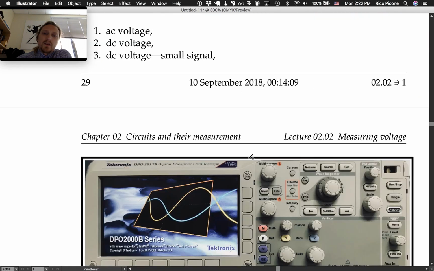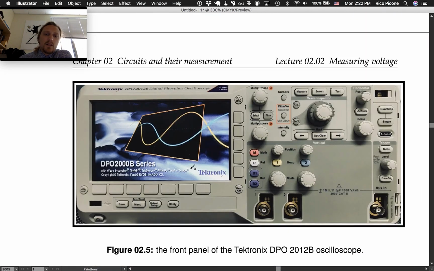So this is the front panel. We've got 2 channels, and the input impedance for these is high. It says right there, 1 megaohm.